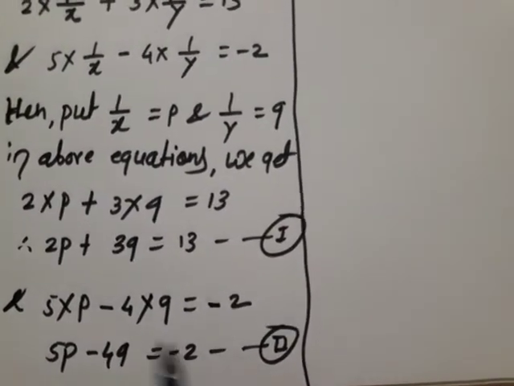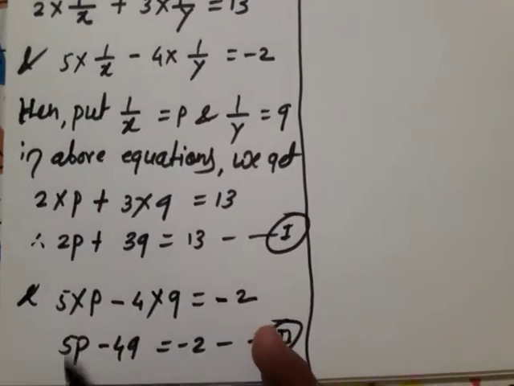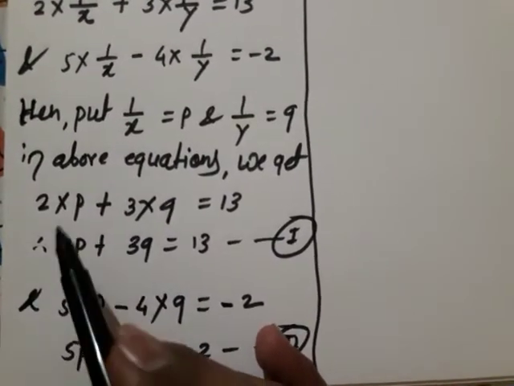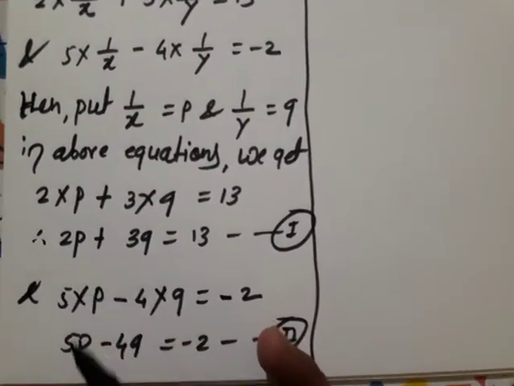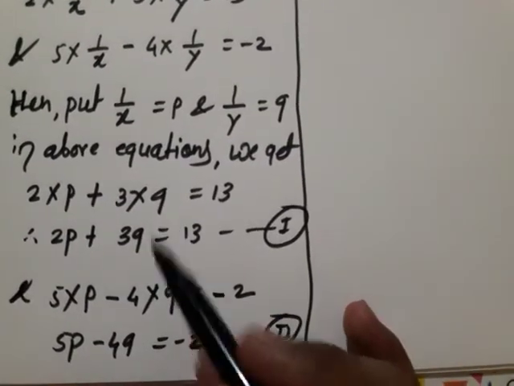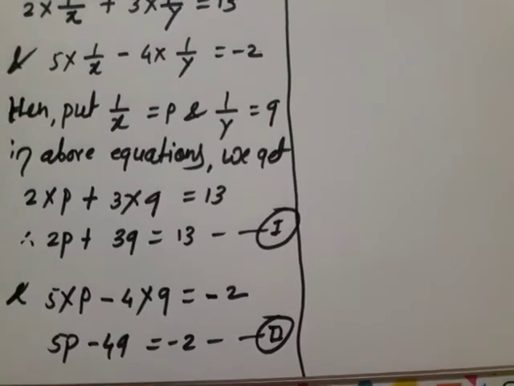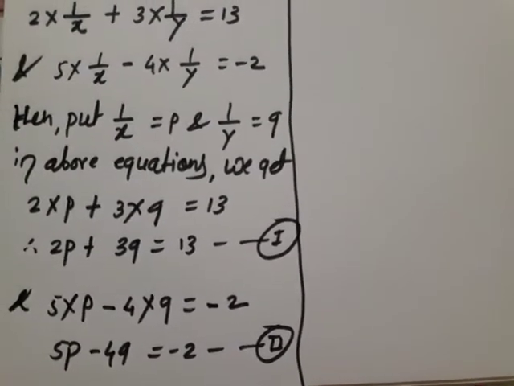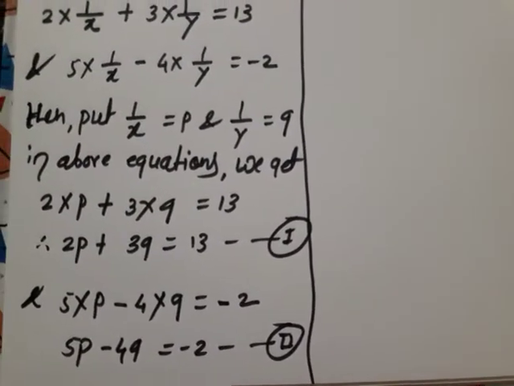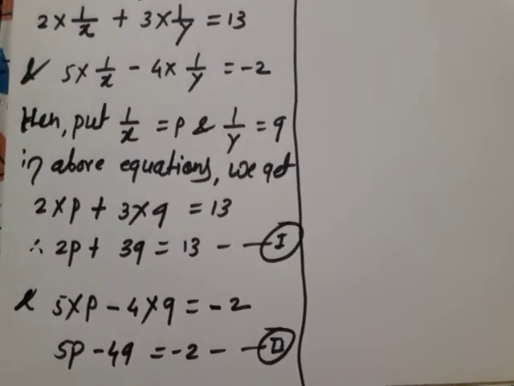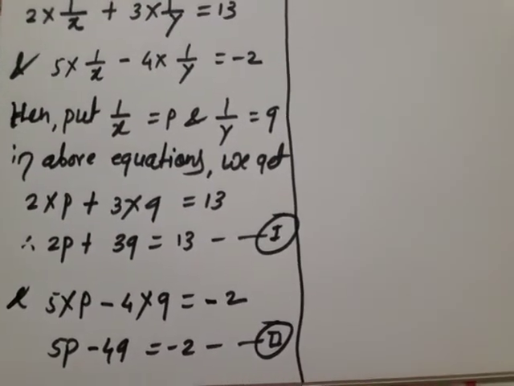Now if you see carefully, then you will come to know that here 2p, here 5p is there. You can make the coefficients of p equal, otherwise you can make the coefficients of q equal, no problem at all. Suppose I make coefficients of p equal, then I have to subtract. Suppose I make coefficients of q equal, then I have to add.